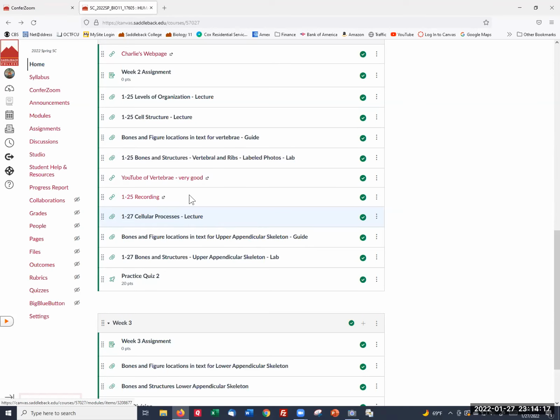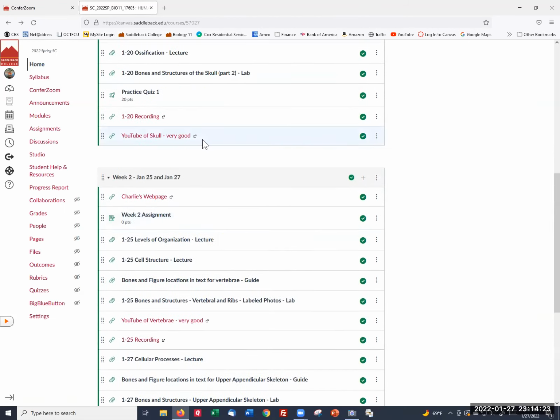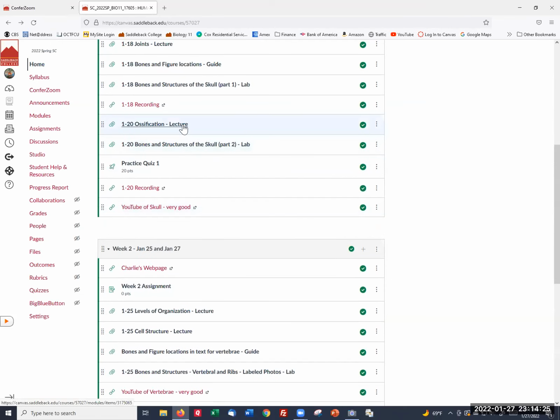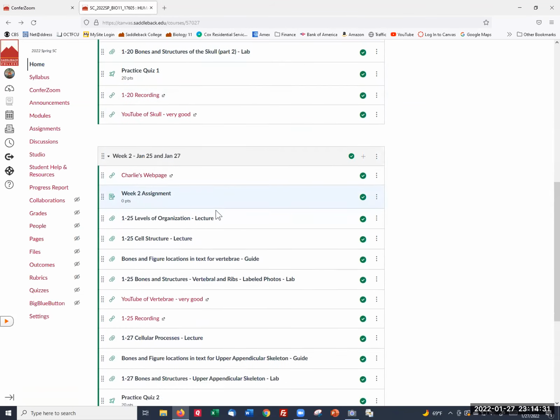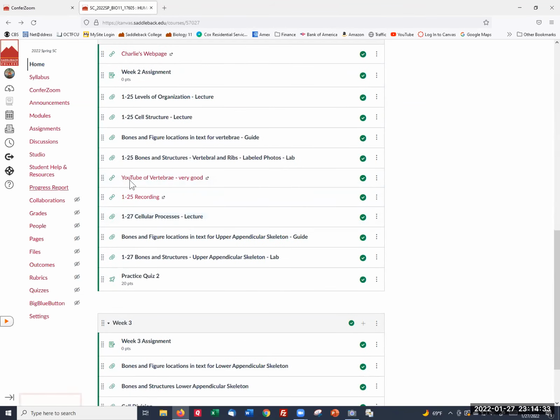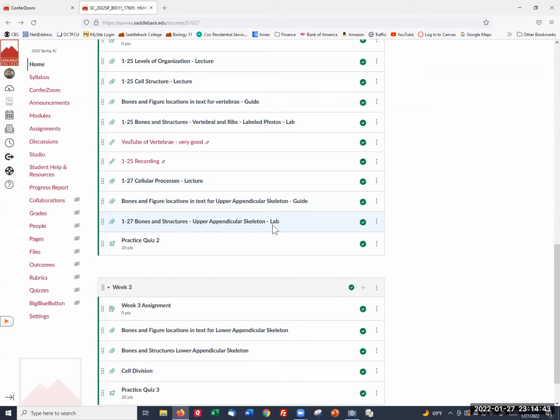It says lecture, lecture, lecture, lecture, lecture, lecture. I often end up indenting for you so that you know exactly what to study. But the word lecture is the giveaway for the lecture test. When it says lab, that's laboratory material.